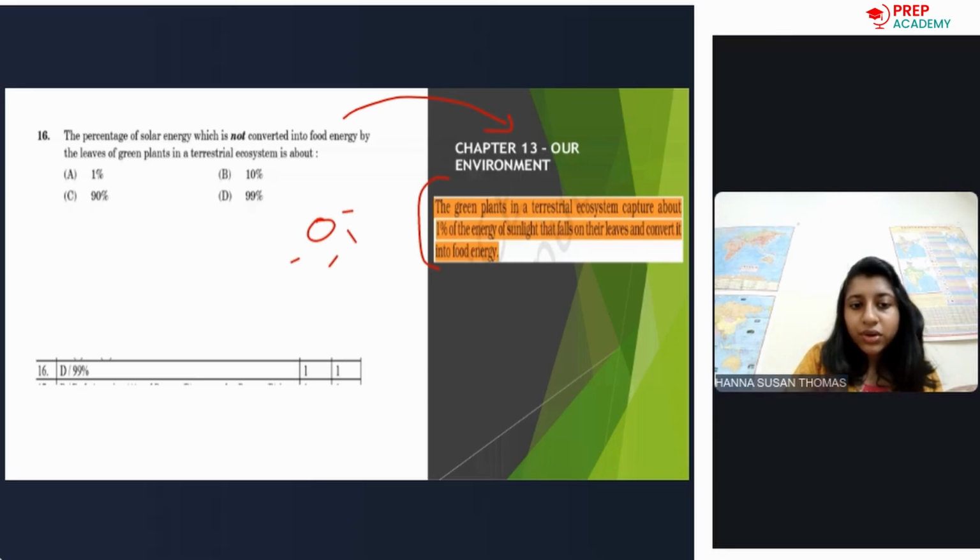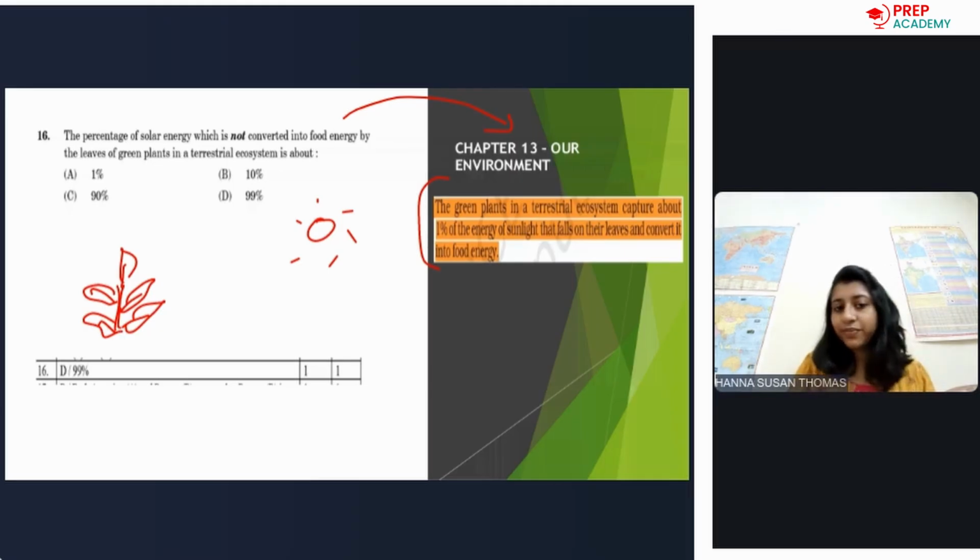We know that plants take energy from the sun for the preparation of their food, right? The statement means that green plants in a terrestrial ecosystem, a land ecosystem, capture only about 1% of the energy of sunlight that falls on their leaves.